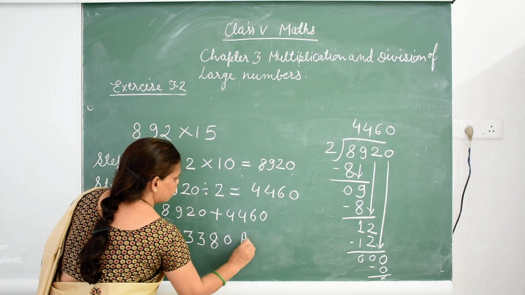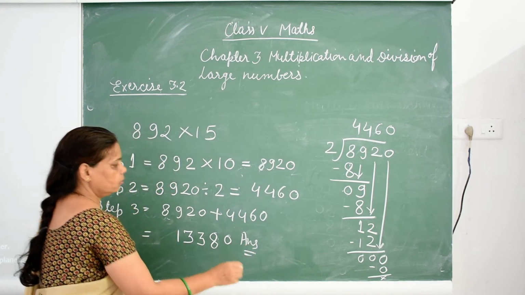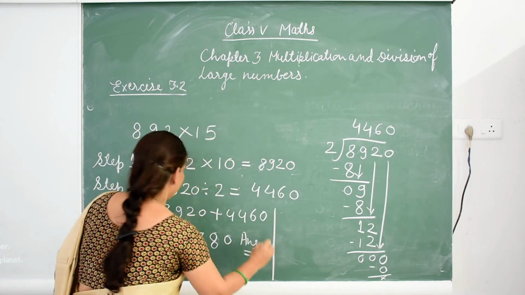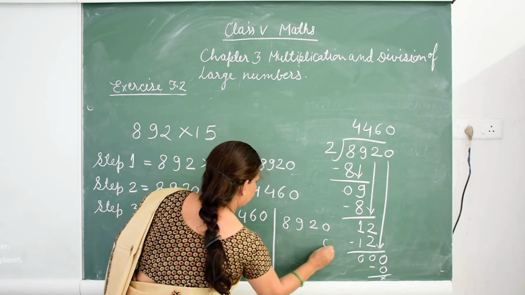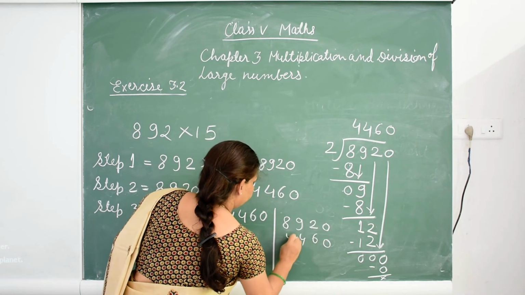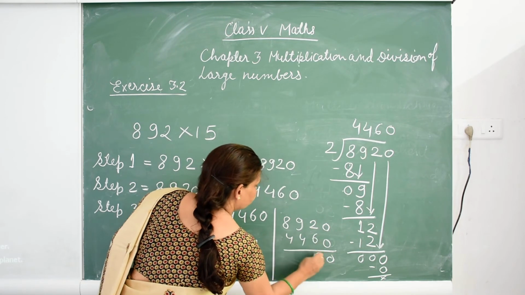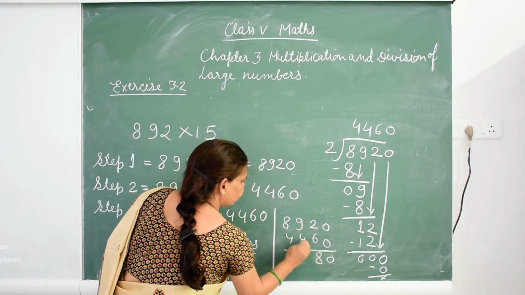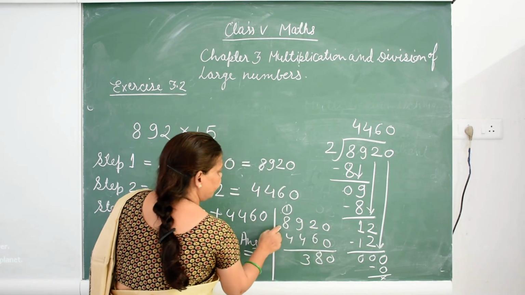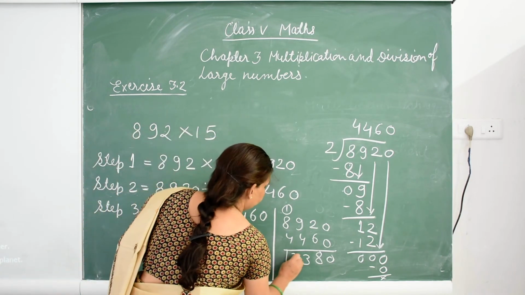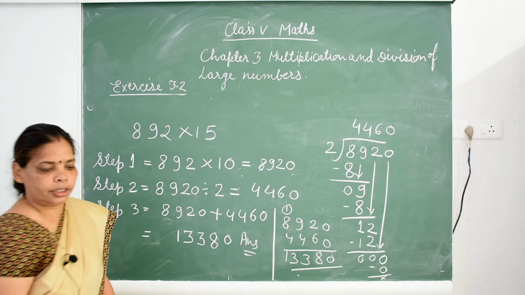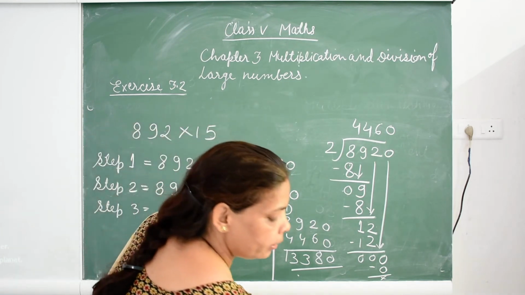This is the answer. So we plus here. आप लोग इसको यहाँ भी प्लस कर सकते हो. 0, 6 plus 2, 8. 9 plus 4, 13. Carry over 1. 8 plus 5, 13. Again 13. Understand? Now take one more example.